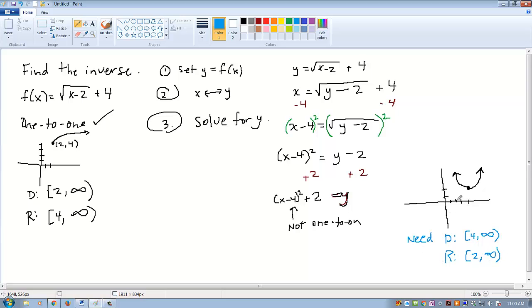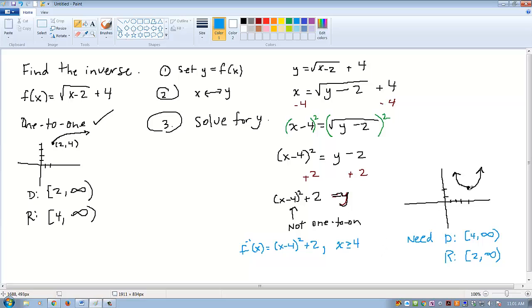So you could kind of just shorten it and just say, oh, well, I know that x needs to be greater than or equal to 4 because of what is here on our domain. So if that's the case, I'm going to let my inverse be this, and I'm going to put a comma there, and this should take care of it.